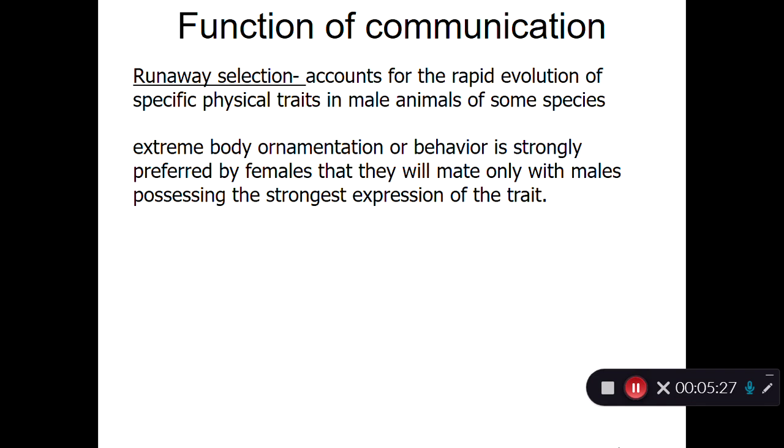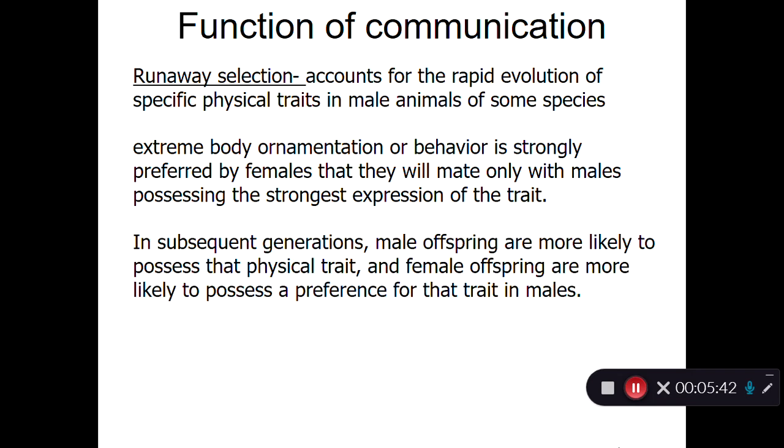So top males will get matings, and the subordinate males who don't express this extreme body ornamentation, like the colored rump of that mandrill, would not get very many matings. Therefore, their genes wouldn't be passed on very well. What we get, and why we call this runaway selection, is that in the next generation, the male has even more exaggerated characteristics.